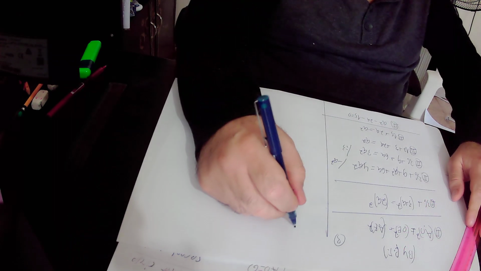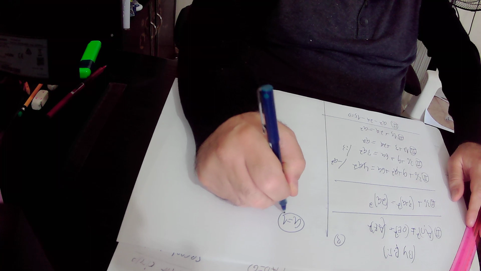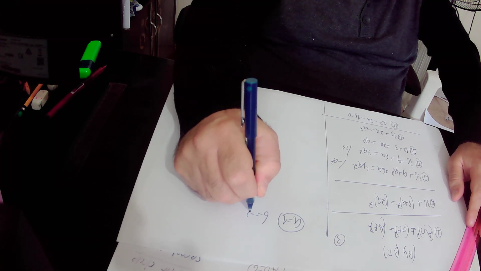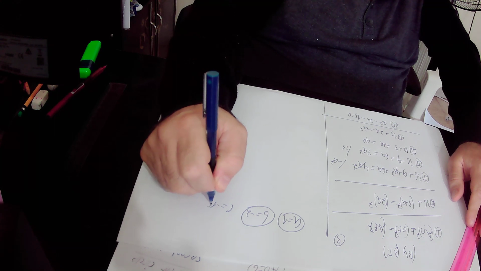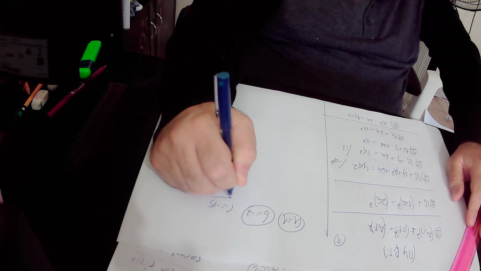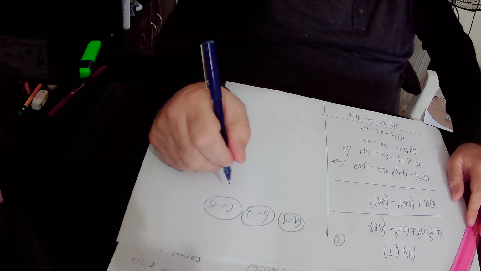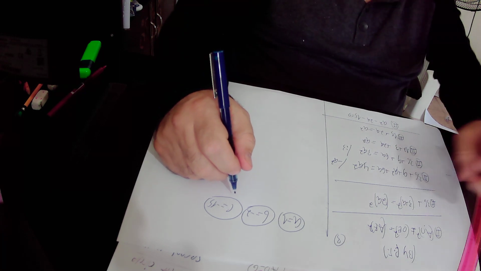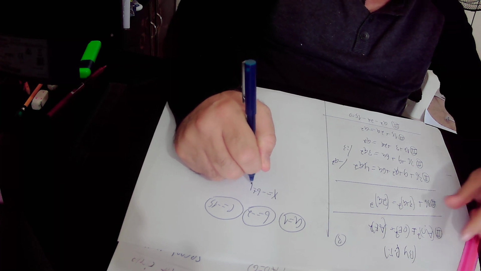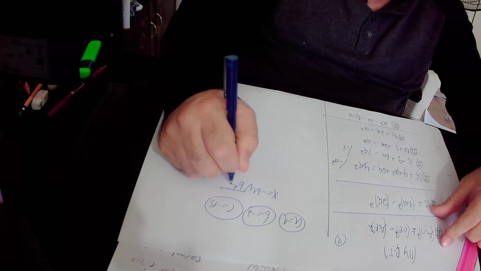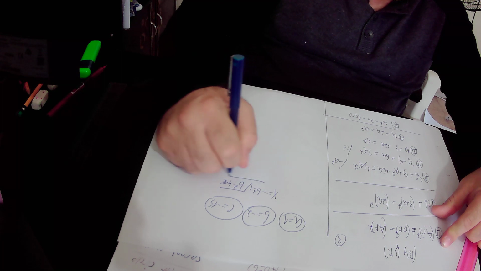Here the coefficient a equals 1, the coefficient b equals minus 2, and the coefficient c equals minus 15. The general formula for solving a quadratic equation is x equals minus b plus or minus the square root of b squared minus 4ac, over 2a.